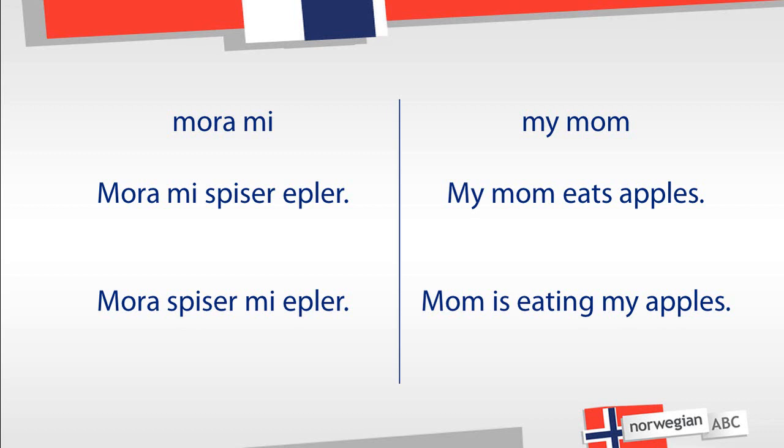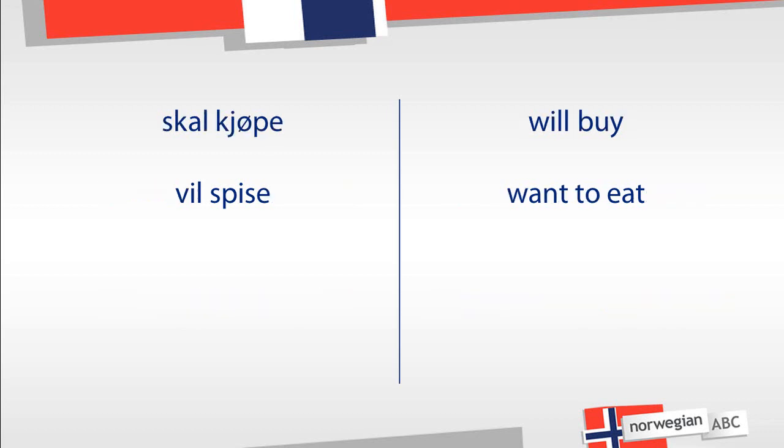The predicate may also be comprised of more words than one. Let's remember. Skal kjøpe. Will buy. Vil spise. Want to eat. I will eat, and similar forms.